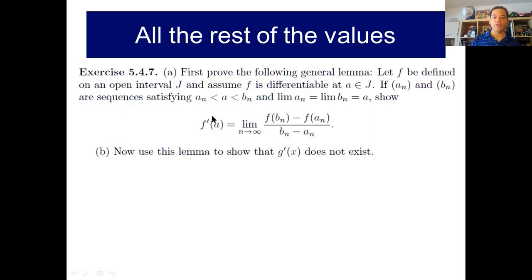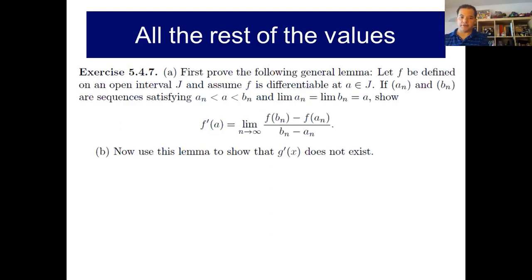Then you can do the derivative at a this way: as the limit of f of bn minus f of an over bn minus an. That's part A of this exercise. And part B is to use that lemma to show that g prime of x does not exist for all the other x that are missing. Okay? So that's what we're going to be doing.